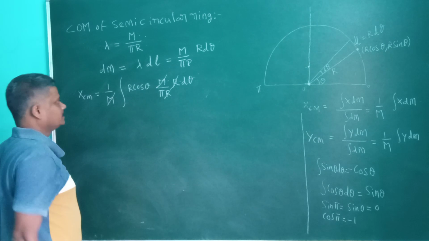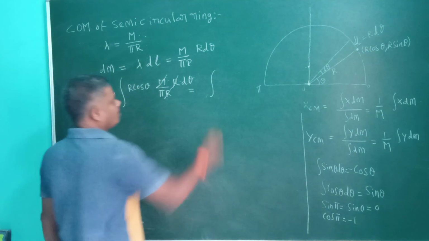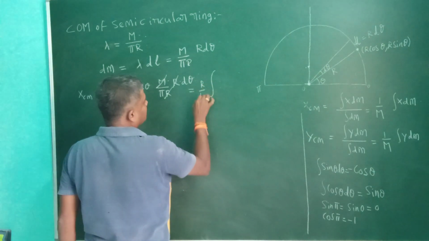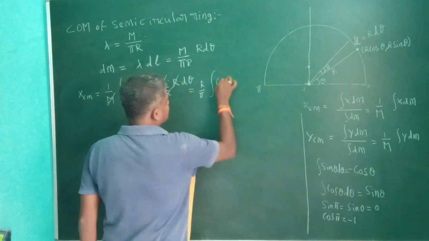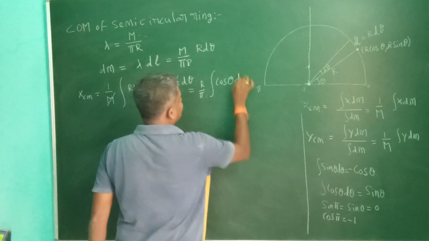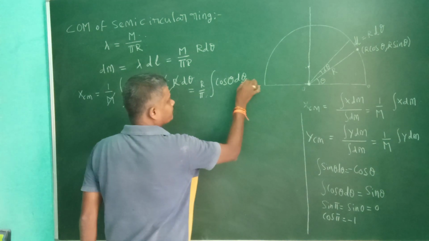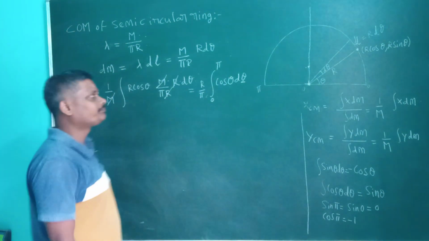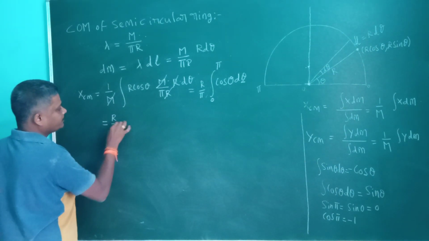On cancellation, we can write integral r by pi. r and pi are constants, so I am taking them out of the integral. What remains inside the integral is cos theta d theta, and the limits of integration vary from 0 to pi.